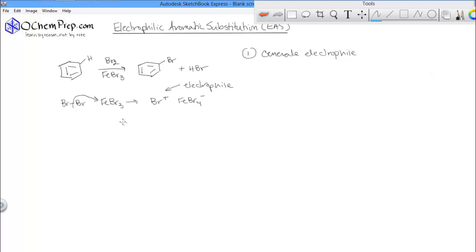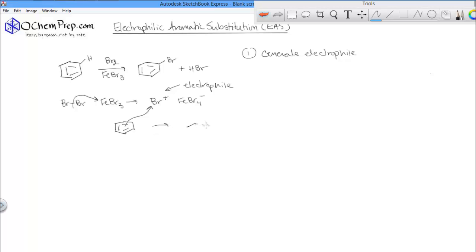The second step is actually what we call the rate determining step. For the most part, it's the slowest step. It's the hardest reaction to happen because we have a very stable benzene ring here. But this is what's going to happen: one of those pi bonds is going to break and attack this bromonium ion.